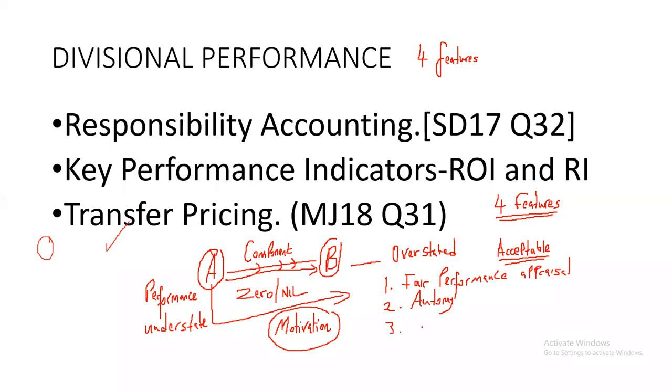Number 3, it must support goal congruence, or what we want is a situation where there is overall corporate profit maximization. And lastly, we want to make sure that we are able, within the framework of the law, to minimize our tax liability.